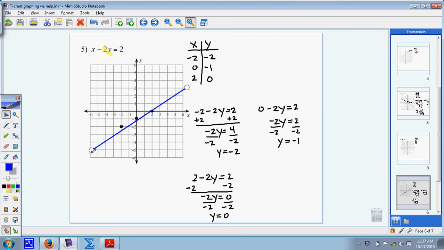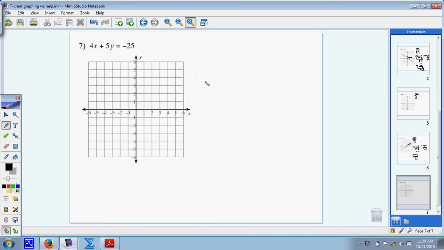You should have a better time with yours because you are using a straight edge. Again, making it the best that I can. And then labeling it as x subtract 2y is equal to 2. And I might have enough time for one more.